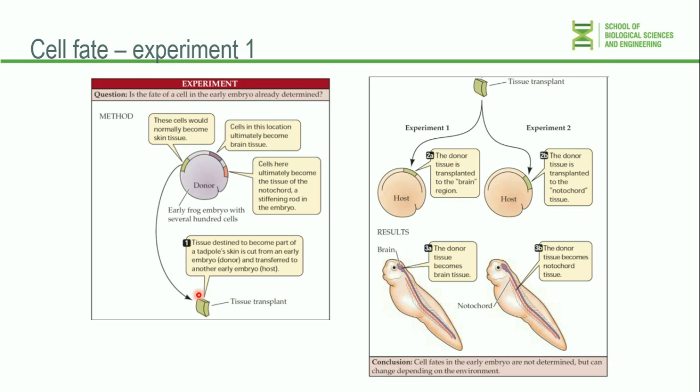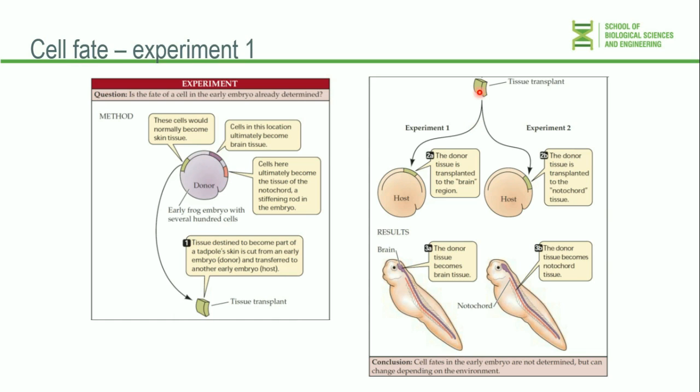And we transplant these cells. We insert them either over here or over here. Those are the regions that correspond to the cells that will ultimately become brain tissue and the ones that become the notochord.